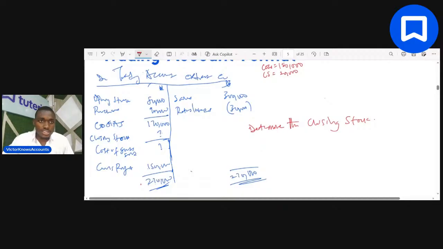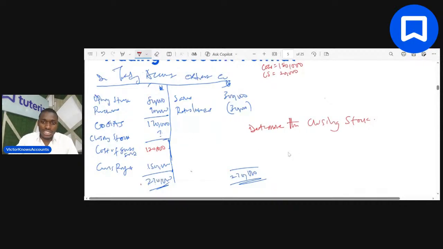So it means that your cost of goods sold is actually 120,000 naira. Now, if this is 170,000 and this is 120,000 naira, then before you could arrive at this 120,000, you must have deducted whatever was here. So to get this back that you don't know, this is x.